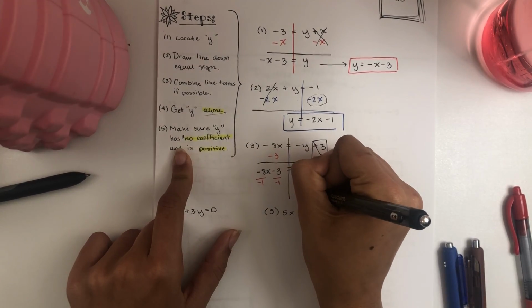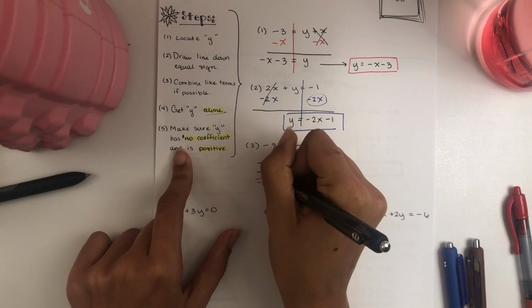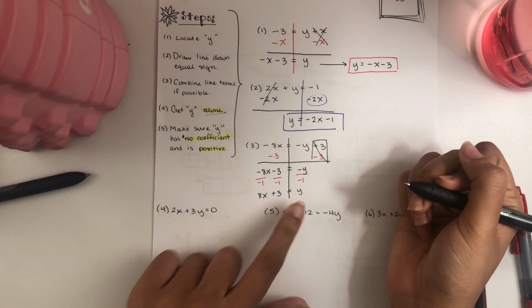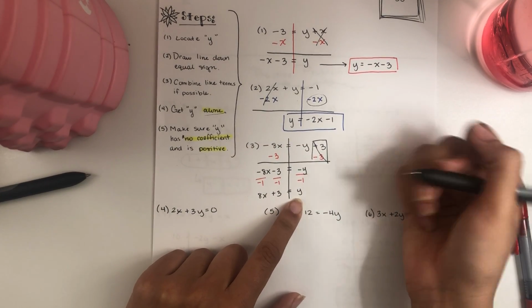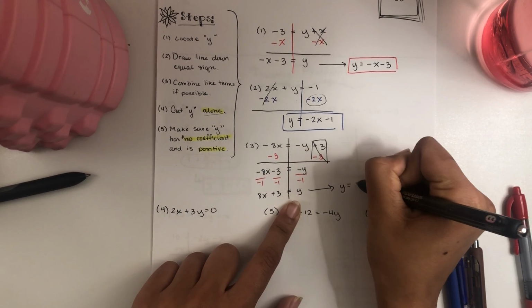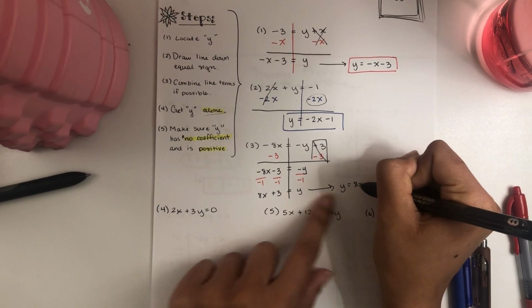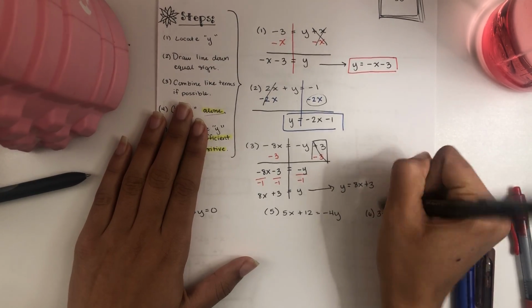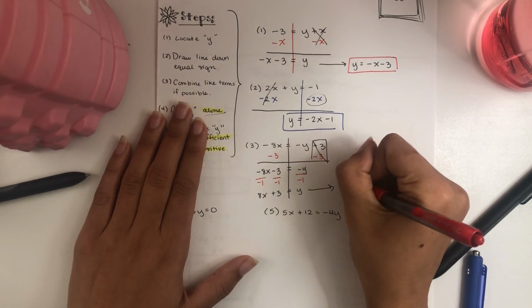When I do that, I have positive y. This becomes a positive 8x. This becomes a positive 3. y is by itself. It's positive. There's no coefficient. When I write my answer the way that I should write it, I'm just going to flop the things that are on both sides of the equal sign. And it's going to look like this.